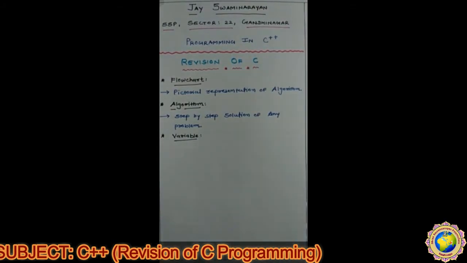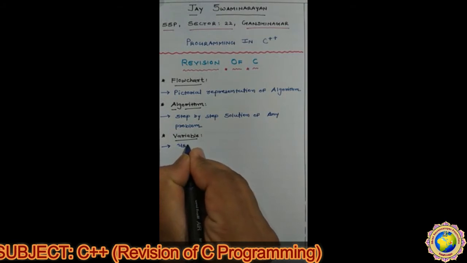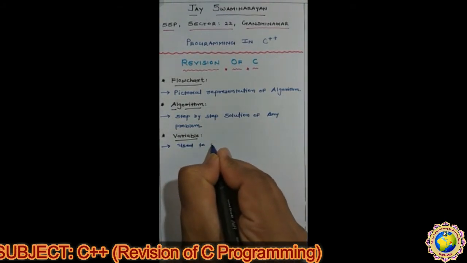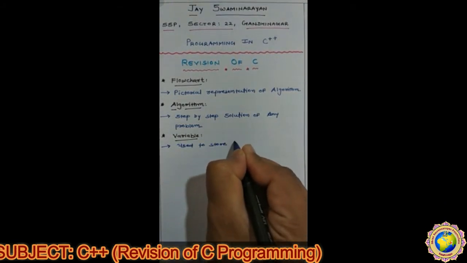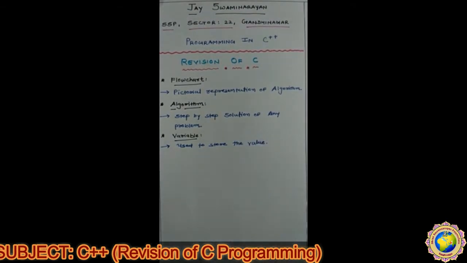All students are aware that a variable is used to store a value. A variable works just like a bucket or a bag. A bag is used to store things. In the same way, a variable is used to store a value.